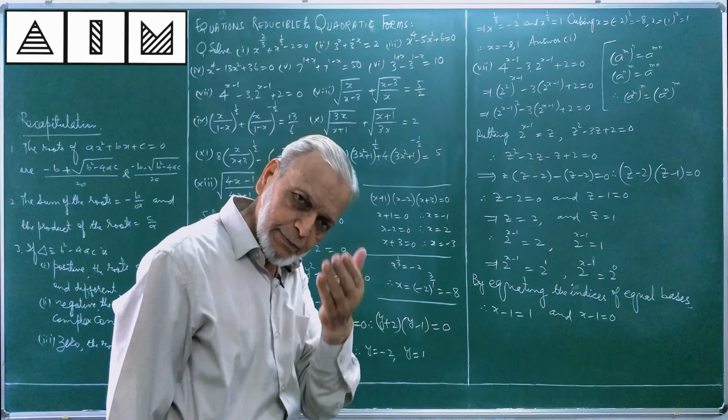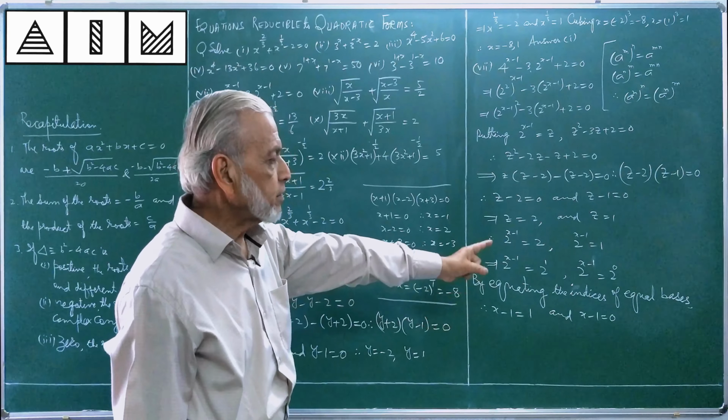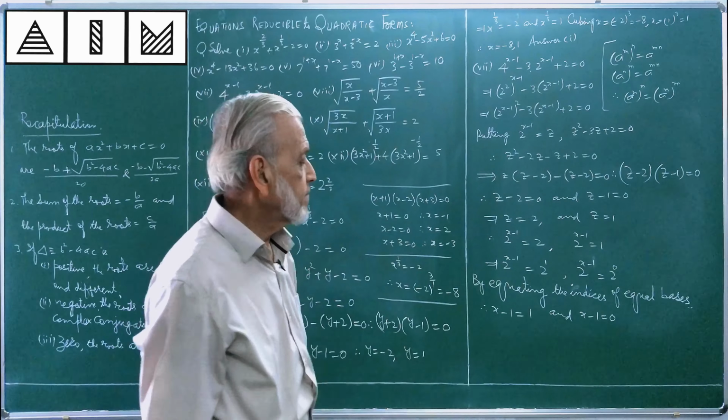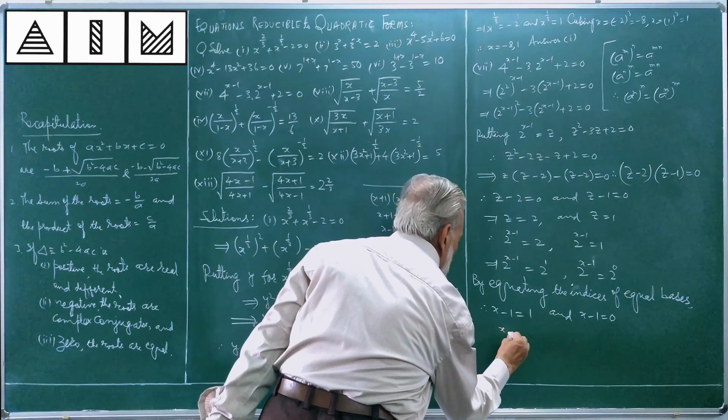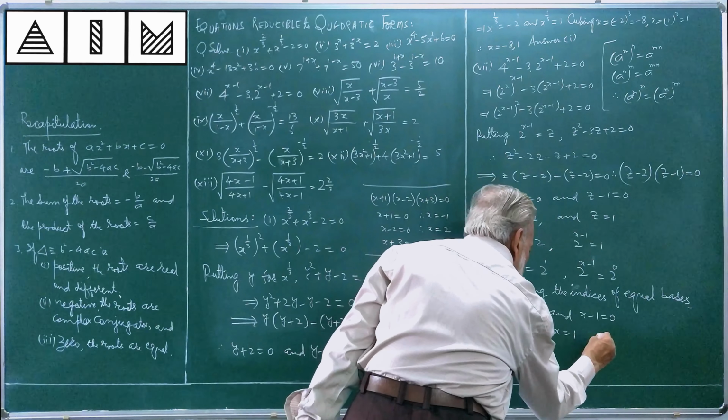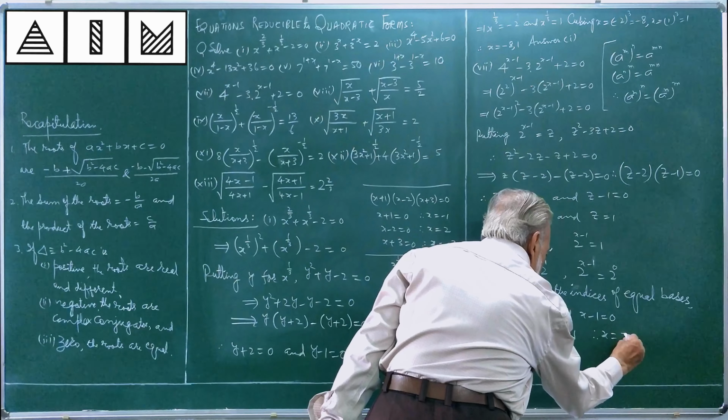Say properly in mathematical expression, by equating the indices or exponents of equal bases. This leads to x is equal to 2, this leads to x is equal to 1, hence my answer is x is equal to 2, 1.